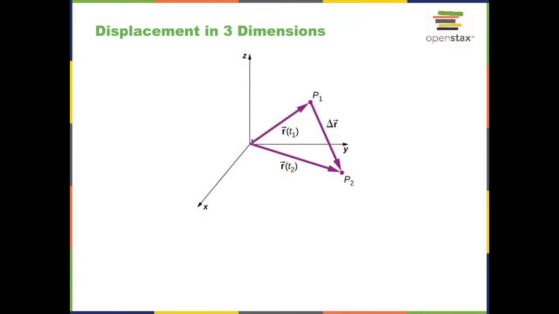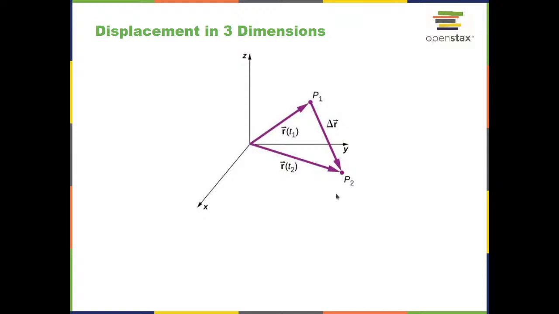The individual positions depend on the choice of the origin, but the actual difference between the positions, which is what the displacement is, R2 minus R1, or R at time 2 minus R at time 1, will not depend on the origin. That vector will be the same regardless whether we pick the origin here or there, or even somewhere else entirely.